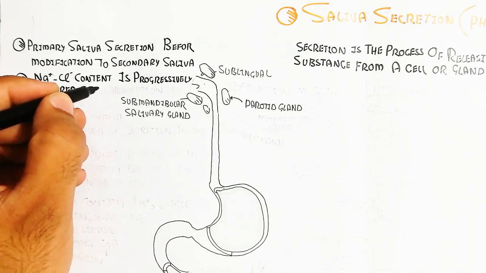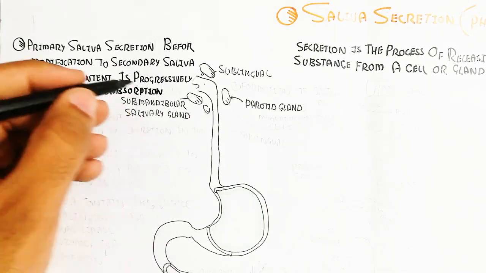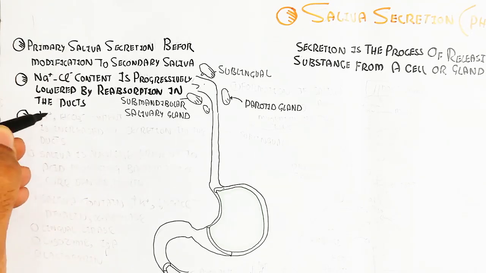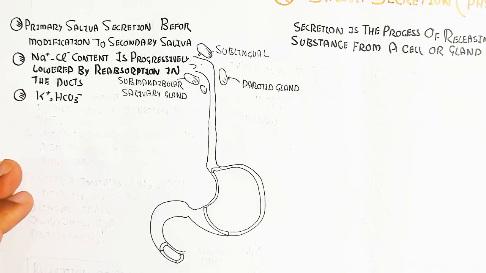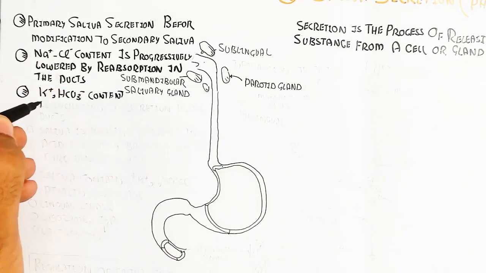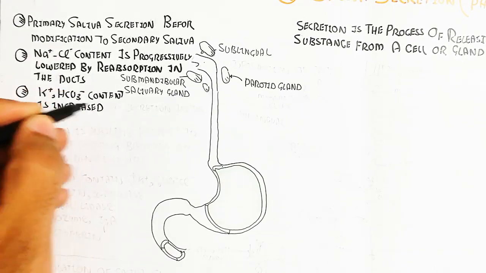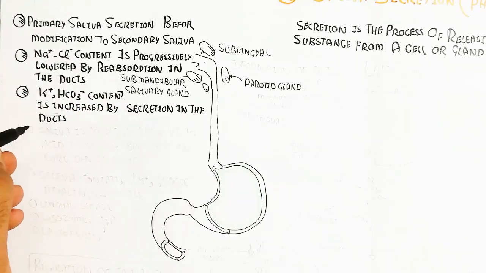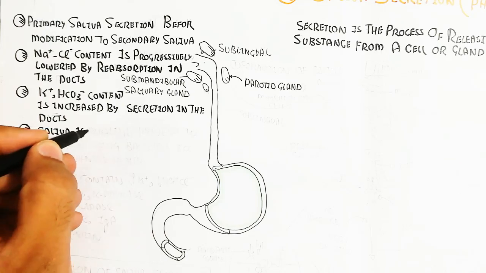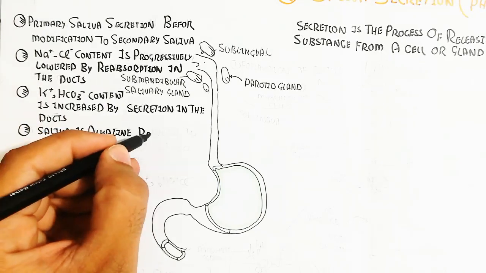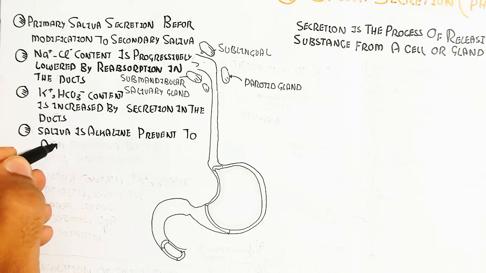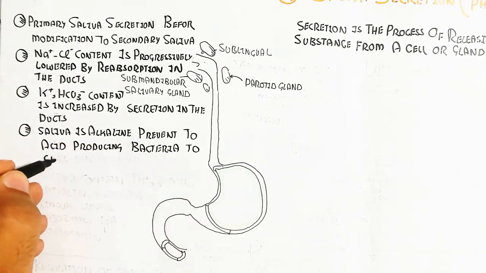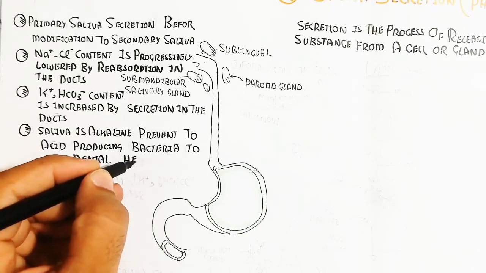The sodium chloride content is progressively lowered by reabsorption in the ducts, and that is why it is low in sodium chloride, while the potassium and bicarbonate content is increased by the ducts through reabsorption and secretion. Saliva is alkaline, which prevents acid-producing bacteria and protects dental health. If the saliva is less, dental health problems can occur.